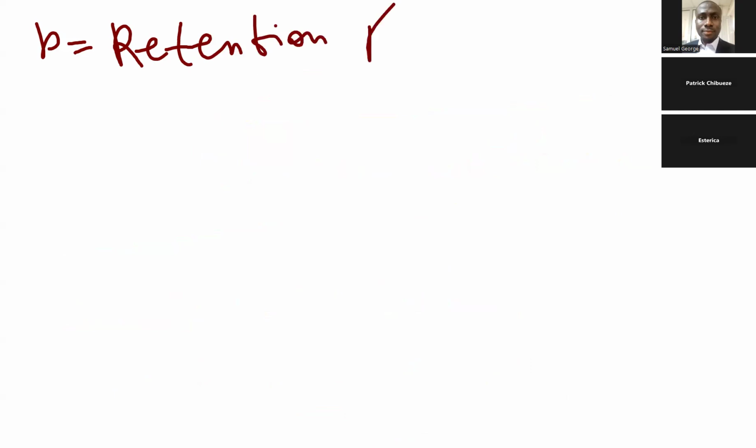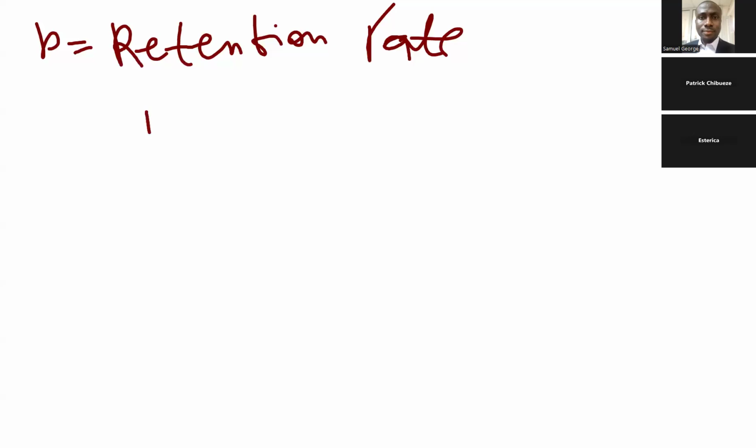Next slide. B is called the retention rate. That is the rate of your retained earnings, the ratio of your retained earnings to profit after tax.